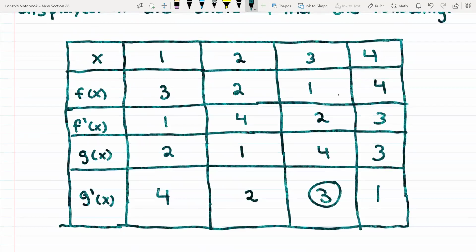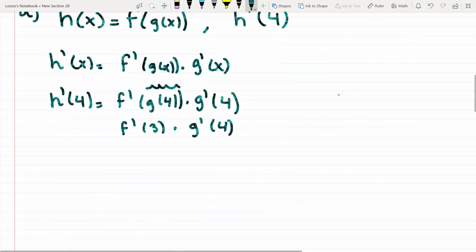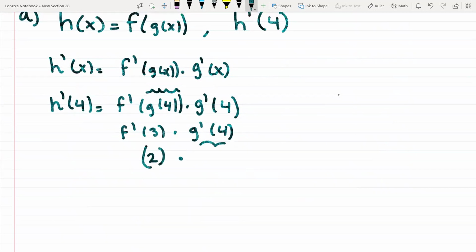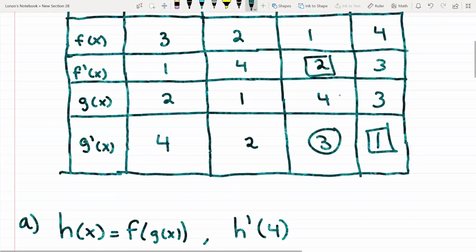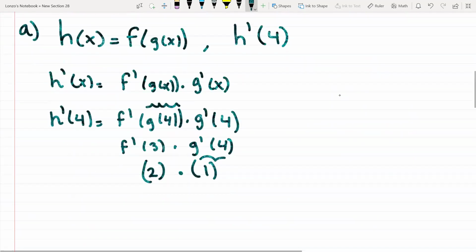Oh, f prime, sorry. F prime of 3 is 2. It's very easy to get mixed up. So this is 2 times g prime of 4. What's g prime of 4? Here's g prime, and then 4 spits out a 1. So that gives you 2.